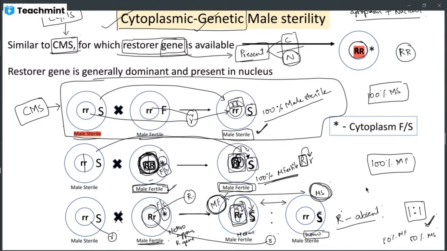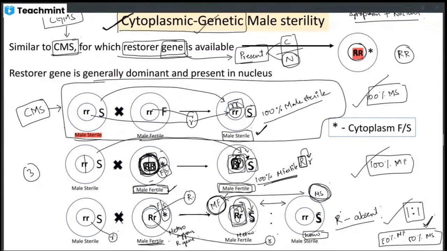Okay. So cytoplasmic genetic male sterility is a system where you can get all three types. One is your 100% male sterility, next is your 100% male fertility, and third is your 50% male fertility and 50% male sterility. Okay, is it clear? Yes, sir.